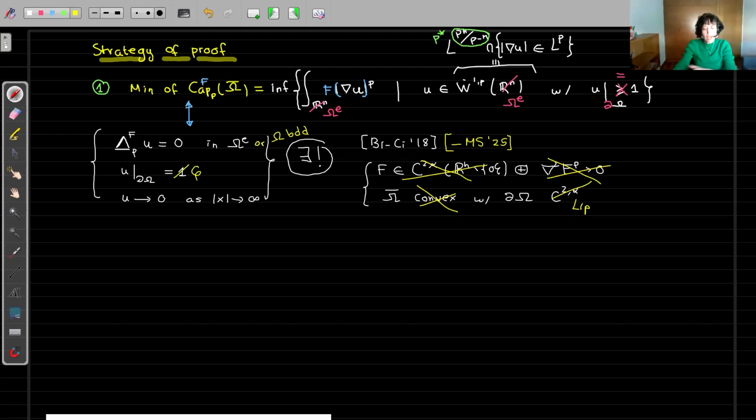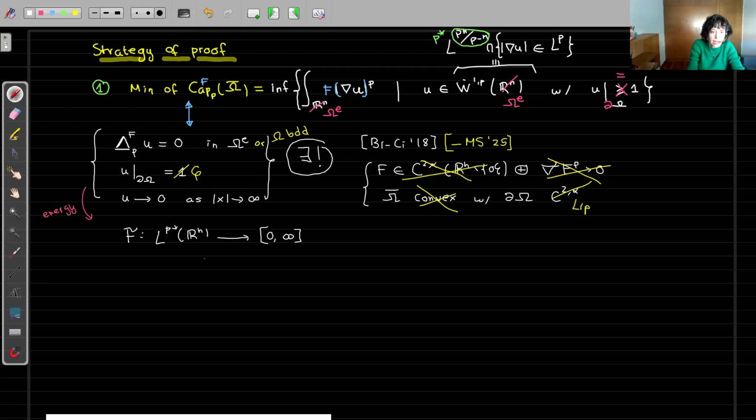And how we prove existence and uniqueness here is by variational methods. We define an energy F here, defined on L^p star of Rn to 0 infinity.